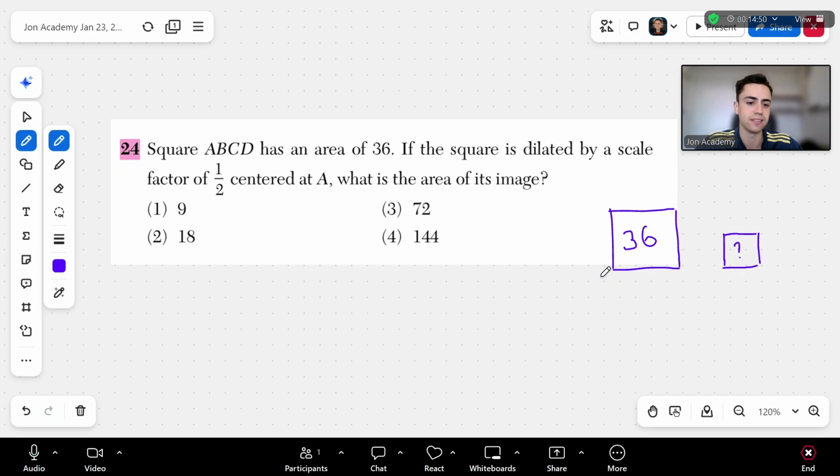So the sides became half, and there is a rule that tells us the area is going to become the scale squared, 1/2 squared. And if there was a volume involved here, it would be cubed, the scale cubed for the volume. So in this case, 1/2 squared is going to become 1/4. So it's 36 times 1/4, and the only option for that would be 9, which is the first one here. So we got that one.